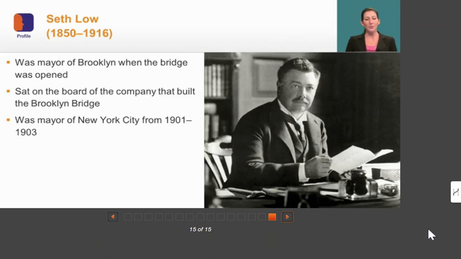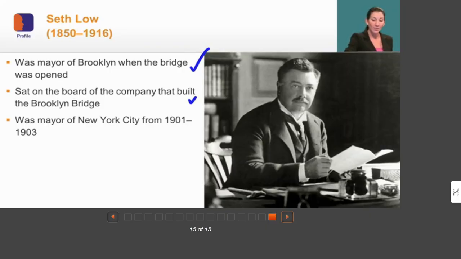It's time for you to meet Seth Low. Seth Low wrote and delivered the speech that you're going to be reading next. He wrote this speech as part of the dedication when the Brooklyn Bridge was opened to citizens in New York. At the time the bridge was opened, he was mayor of Brooklyn, so it was fitting that he was there to give the speech.